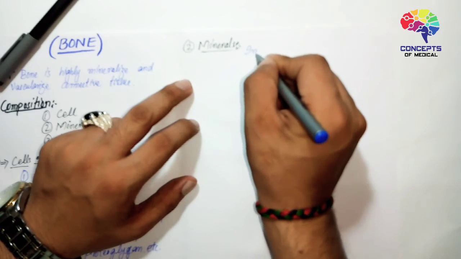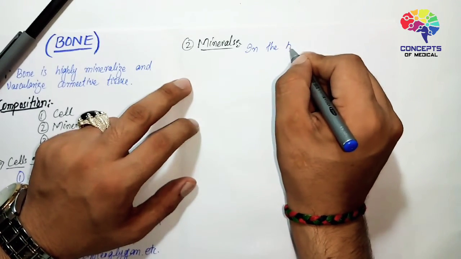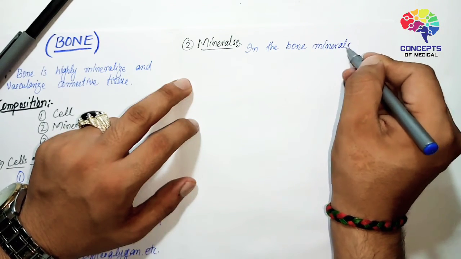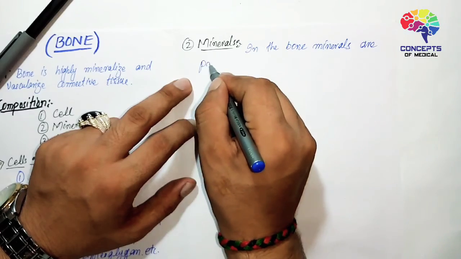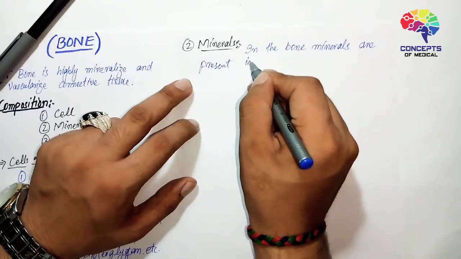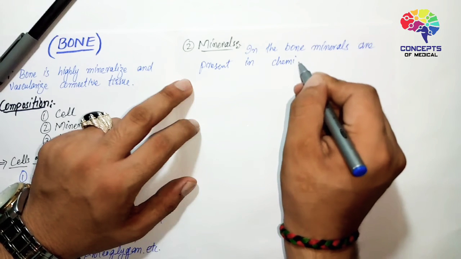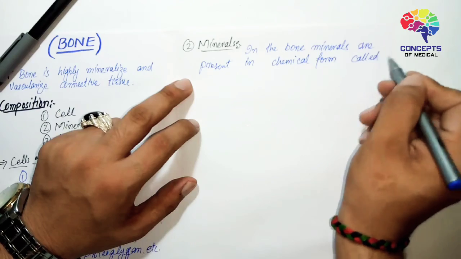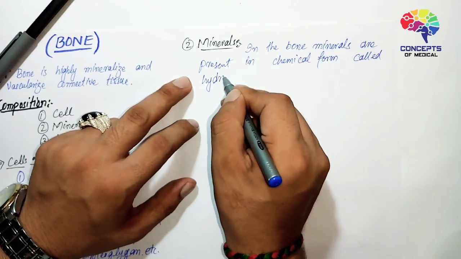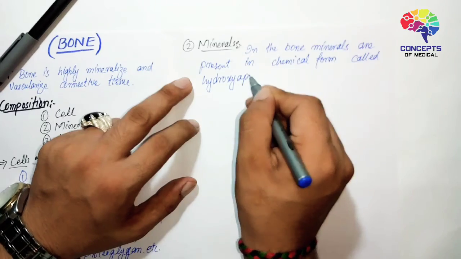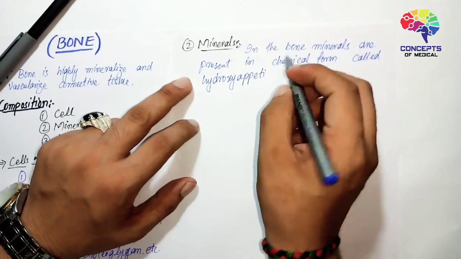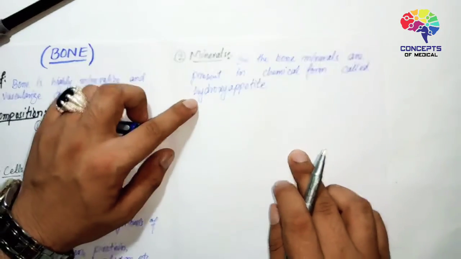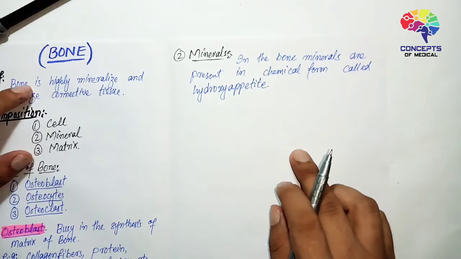In the bone, minerals are present in the chemical form called hydroxyapatite, right? So this is the chemical name of our minerals which are present in the bone.